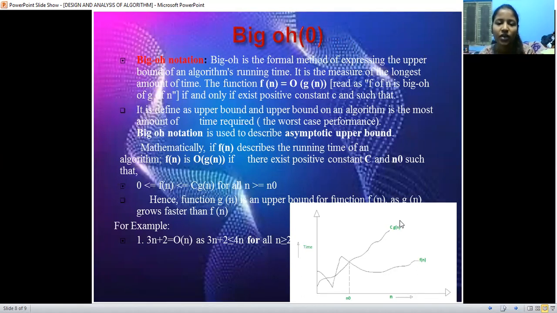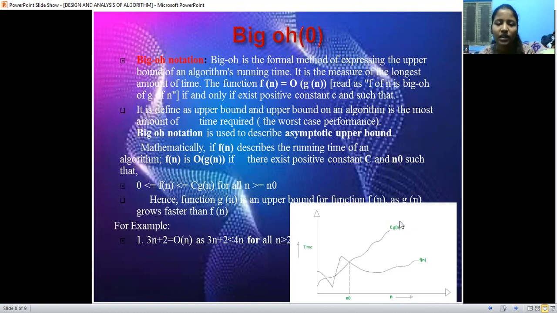The function f of n equals big O of g of n is read as f of n is big O of g of n if and only if there exist positive constants c and n naught. c is defined as the upper bound, and the upper bound on an algorithm is the most amount of time required, the worst case performance. Big O notation is used to describe the asymptotic upper bound mathematically.